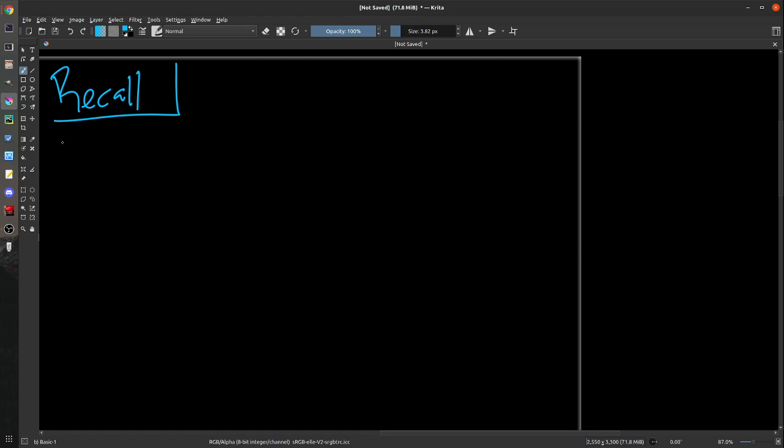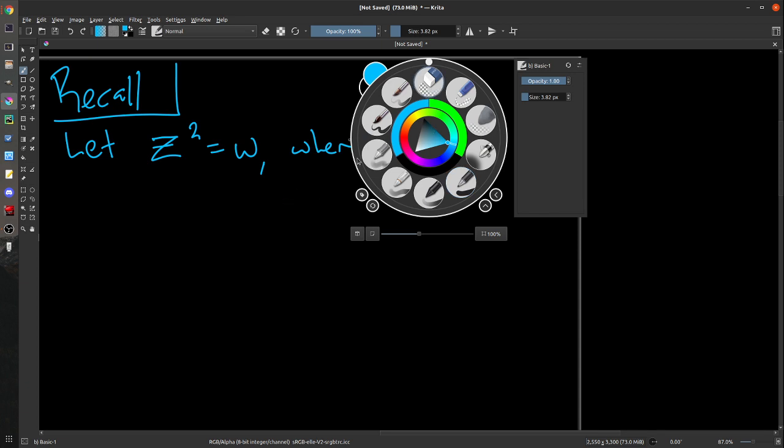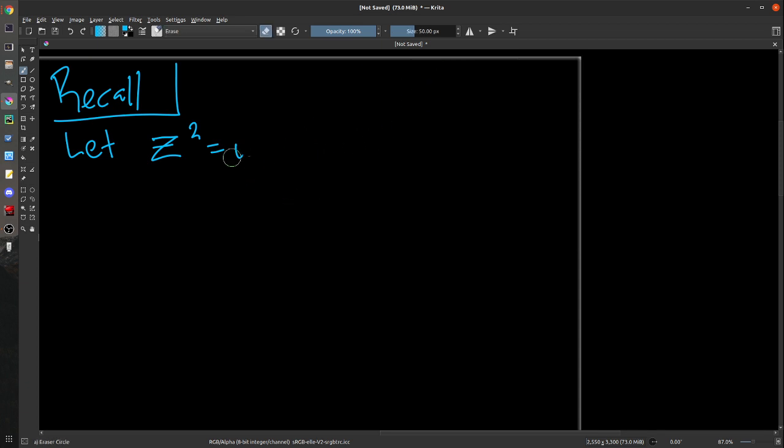Let's let z squared be equal to w, where, actually, let's even make this easier. Let's just say this exactly how they say it in your book, so I don't add any additional confusion.